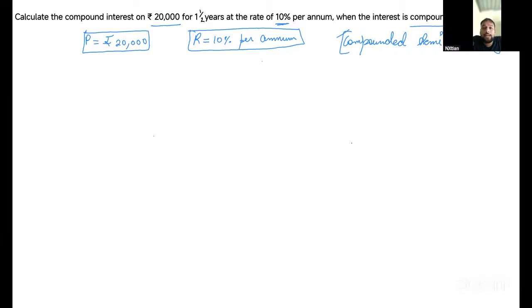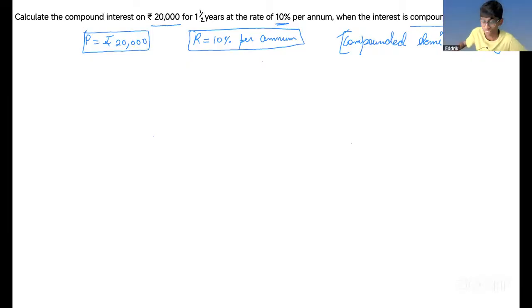If it is compounded annually, it means after 1 year, since annual means 1 year. If it is compounded quarterly, it means after 3 months. Did you understand? Yes or no?